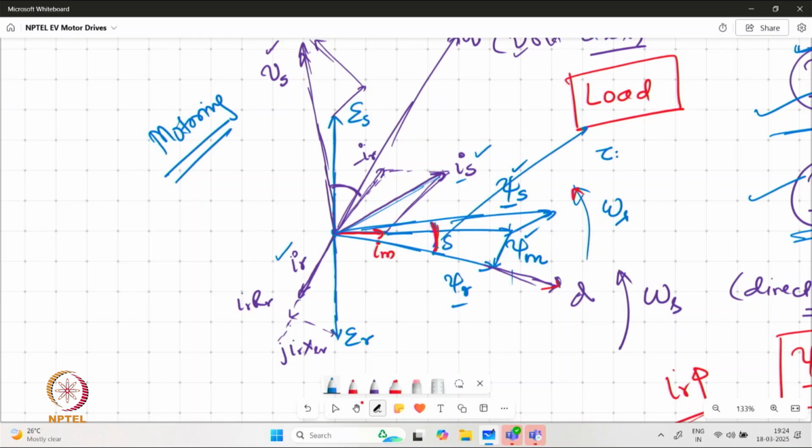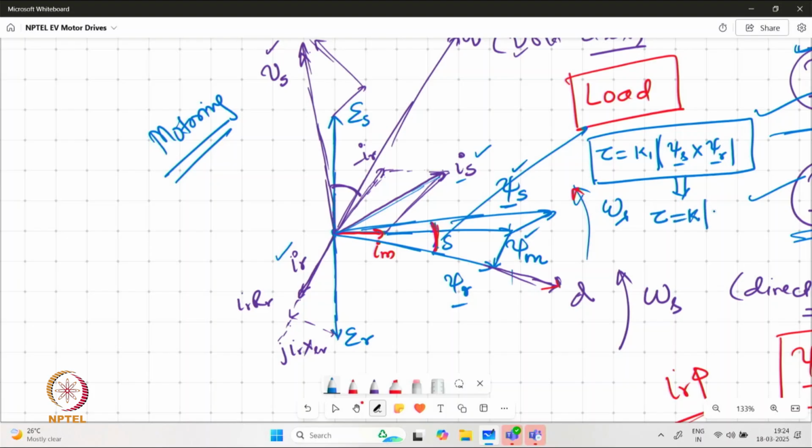So we can as well simplify and see that the cross product of psi s and psi r actually boils down to the same expression what we have started with, psi m cross IR. So therefore any two quantities can be picked up and cross product can be taken to realize the expression for torque.